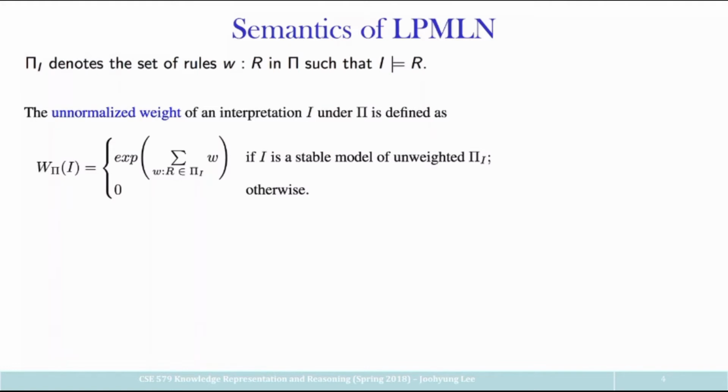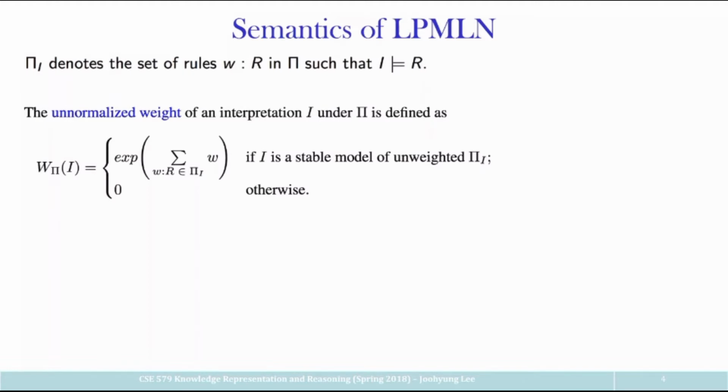And that's one part. But if it happens that I is not a stable model of that subset, then the weight gets 0. So this is what distinguishes this from Markov logic.